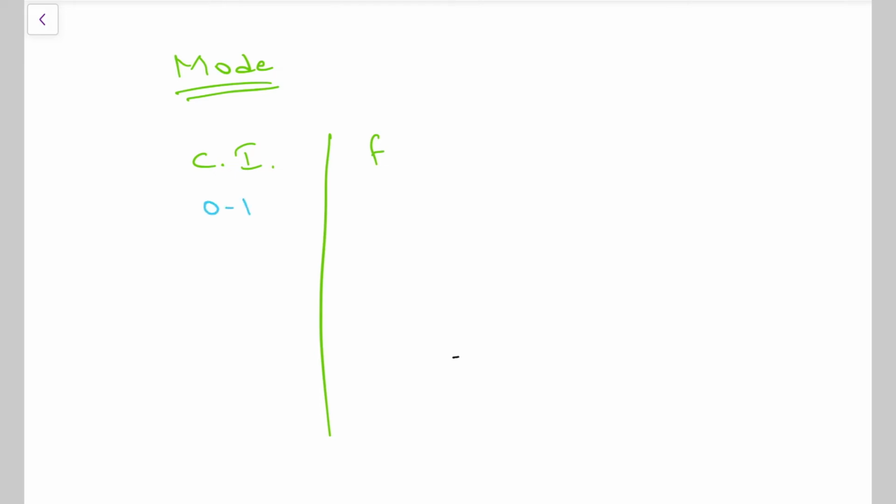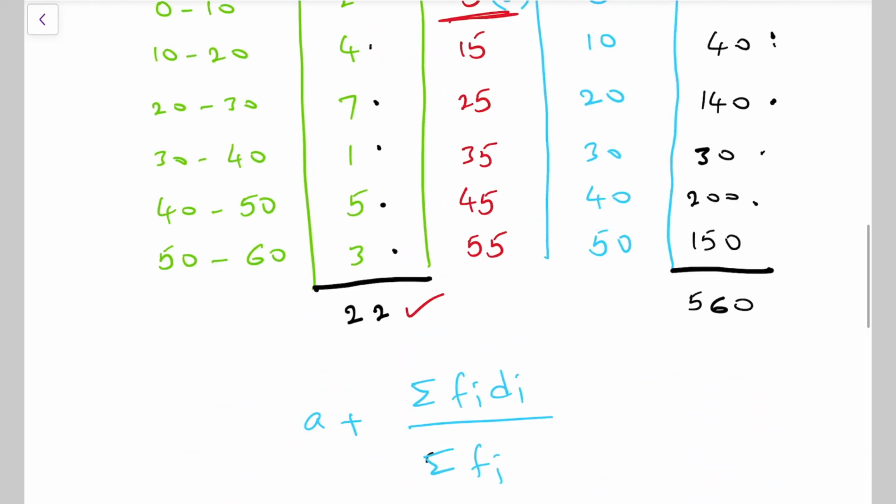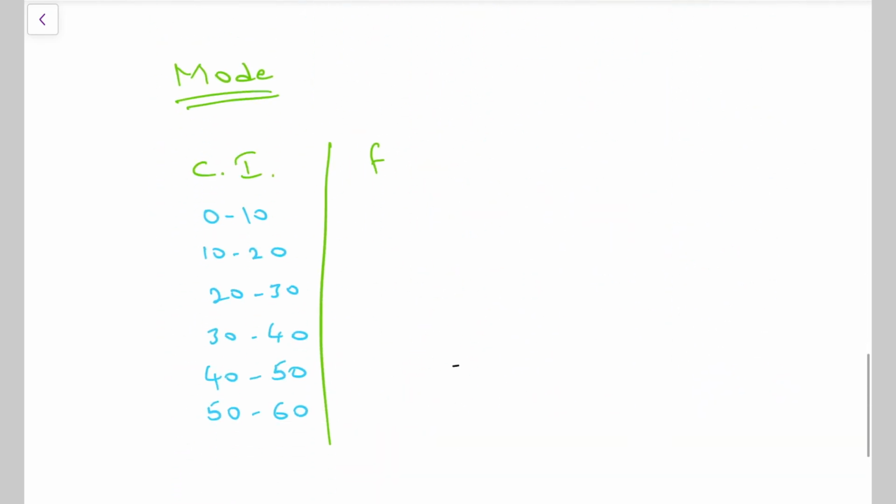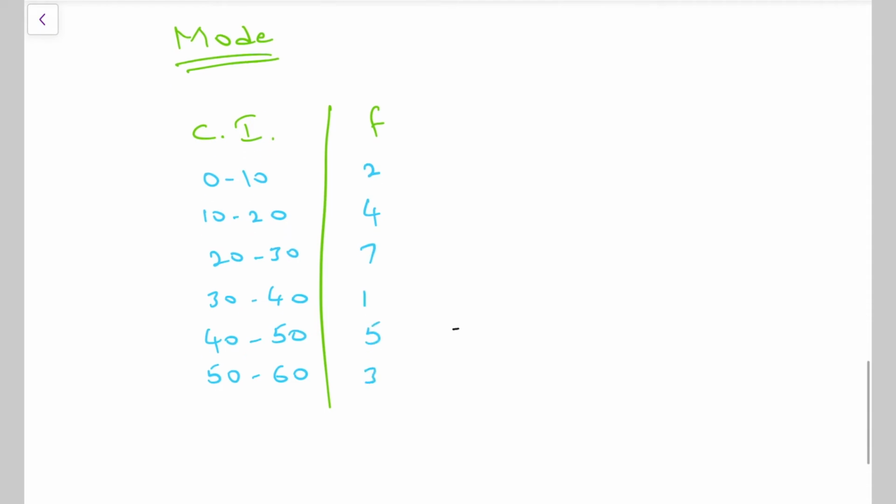So 0 to 10, 10 to 20, 20 to 30, 30 to 40, 40 to 50, 50 to 60. And the frequencies 2, 4, 7, 1, 5, 3. Now we are going to find out the mode of the given data.